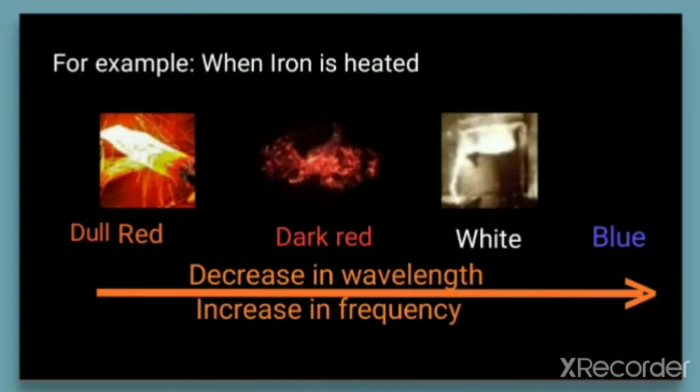As we know, the wavelength of dull red is different from dark red, which is different from white and blue. When we compare the wavelength from dull red to blue, it is observed that there is a decrease in the wavelength, and as wavelength and frequency have an inverse relation, we can say that there is an increase in the frequency.